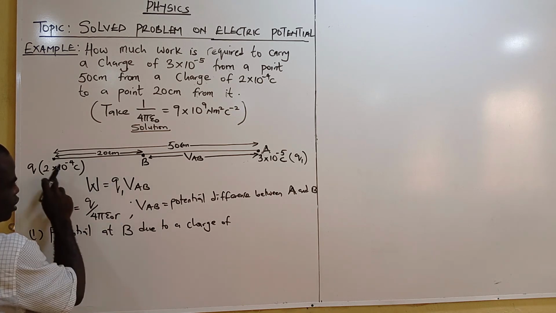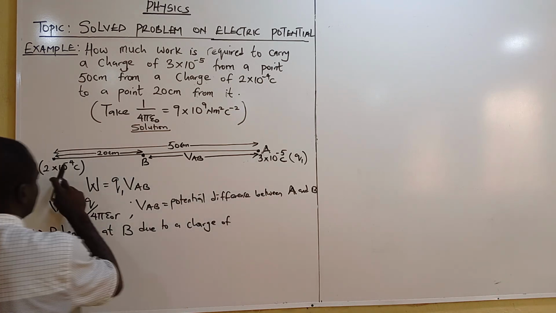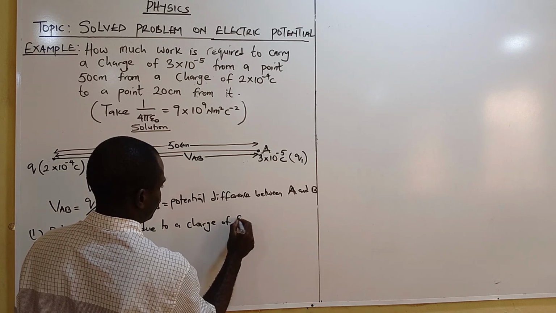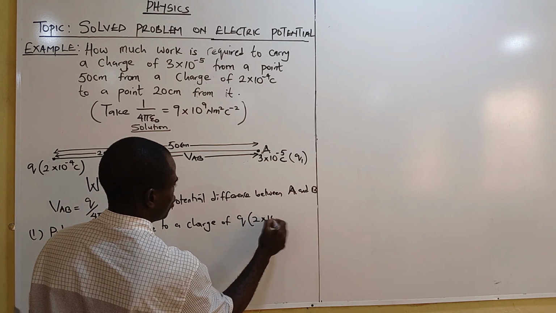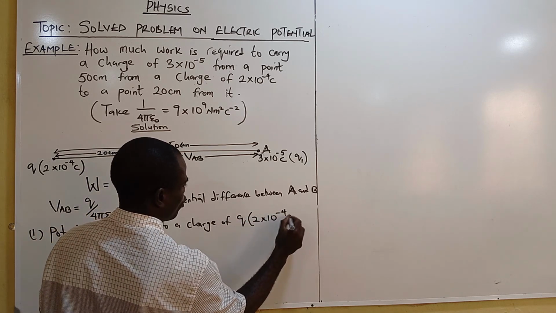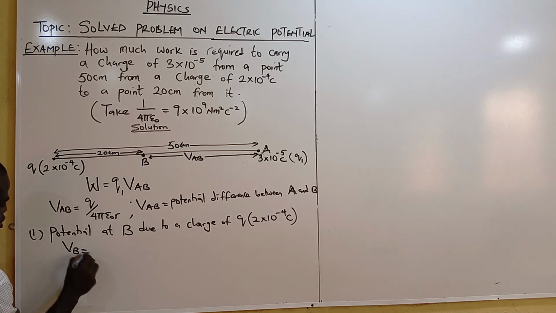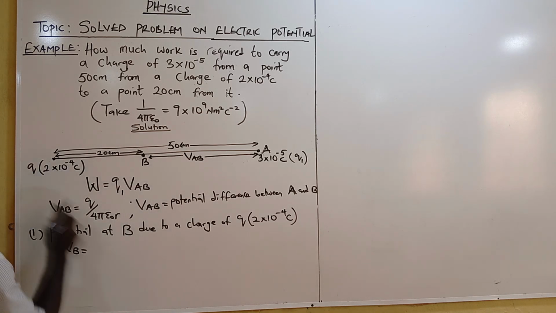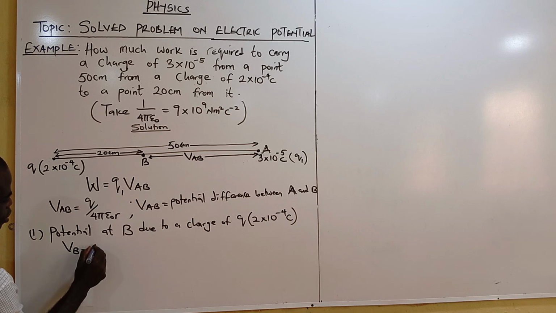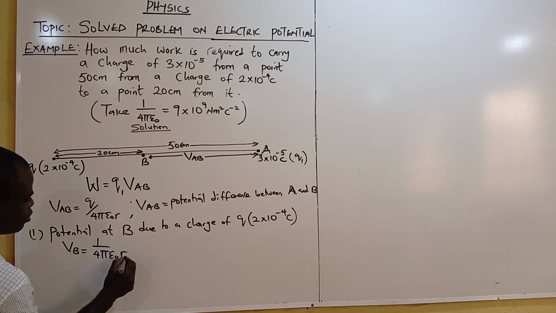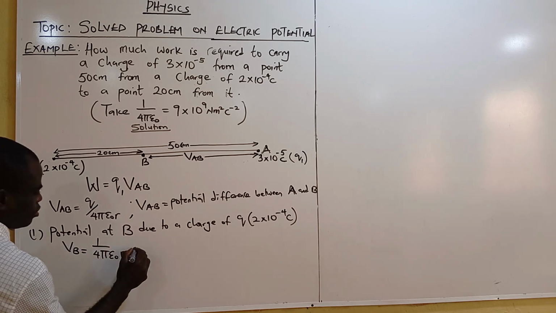Potential at B due to this charge, not this charge, due to this charge, the resident charge of Q, 2 times 10 raised to the power minus 4 coulomb, and that's VB, and B is of higher potential because it's close to the charge, which is 1 over 4 pi E naught RB.